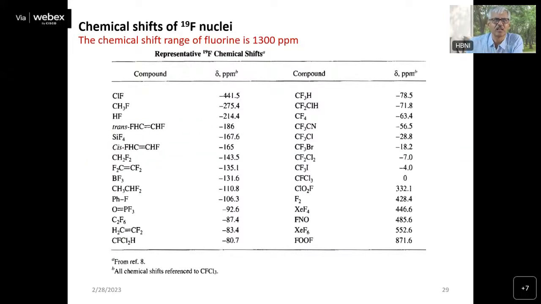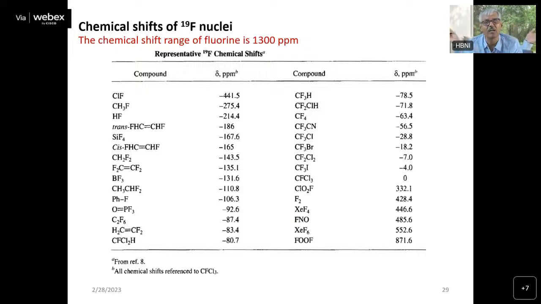Here I have shown the chemical shift values of various 19F fluorine nuclei, and the chemical shift range of fluorine is very large, up to 1300 ppm. You can see the variation, from minus 78 in one compound, to minus 441.5 delta value, and if you see this it is 871, so almost 1400 ppm.